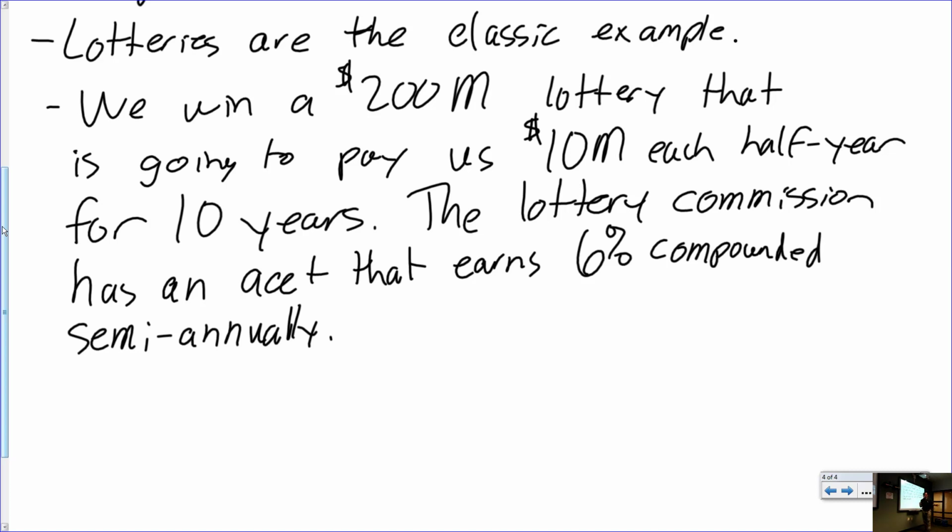And note, this is exactly how the Lottery Commission actually does it, folks. The way they're going to pay you your annuity is they're going to take a certain amount of money, dump it into that account, and then guarantee you that that account will have enough money to pay you $10 million every half year for 10 years. And at the very end, when you make that last payment in the 10th year, there's no money left, okay? That's what they figure out the amount should be, all right?